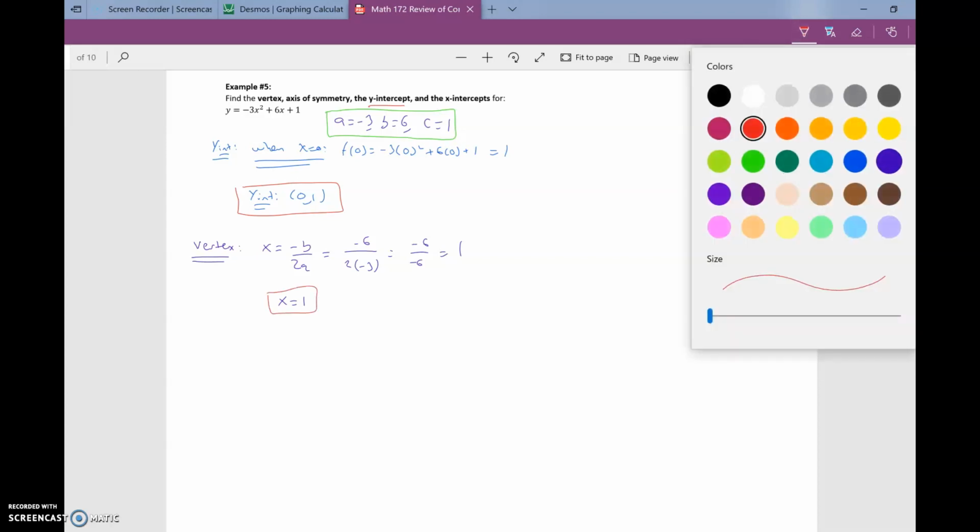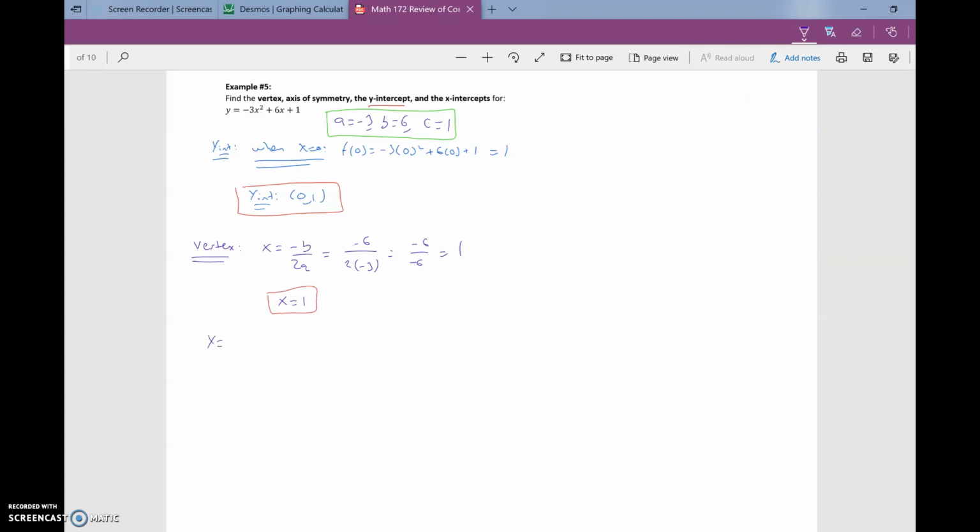To find the y value, we simply plug it in. So y is equal to f of 1. In this case, negative 3 times 1 squared plus 6 times 1 plus 1. This is giving us a negative 3 plus 6 plus 1, or a 3 plus 1, or a 7.